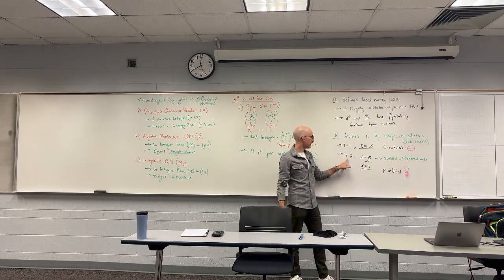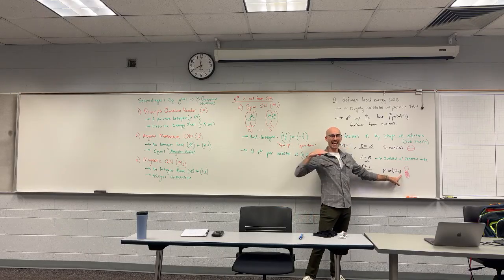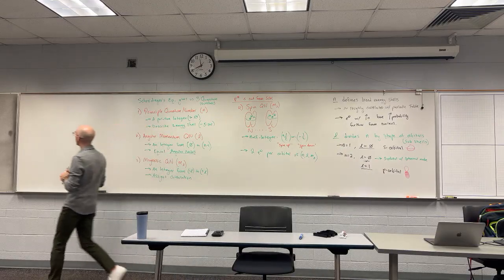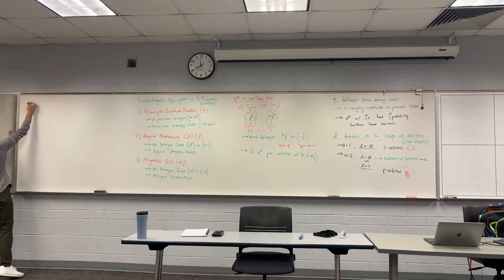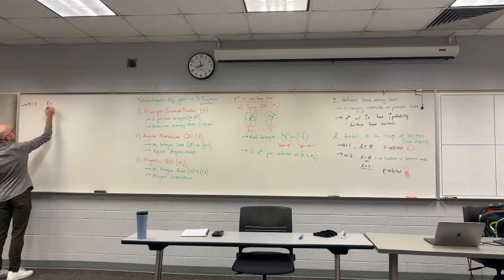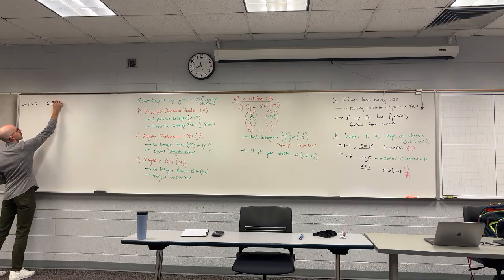N equals 2, L equals 1 also has 1 node, but it's angular instead of being spherical. When I get to n equals 3, what is L allowed to be? 0, 1, and 2.